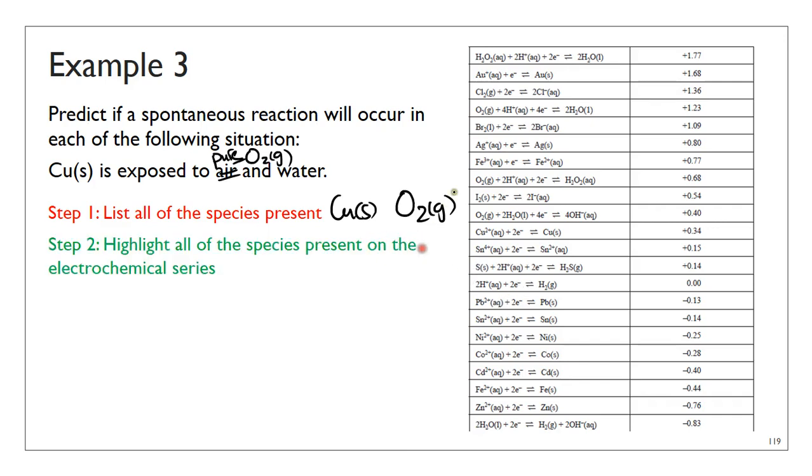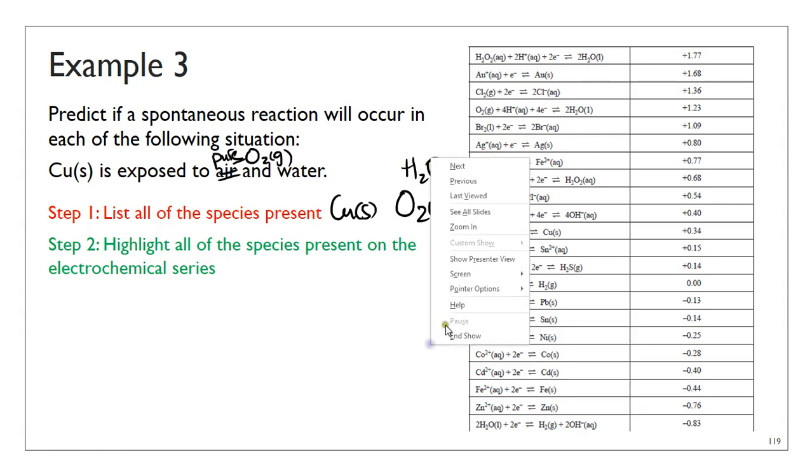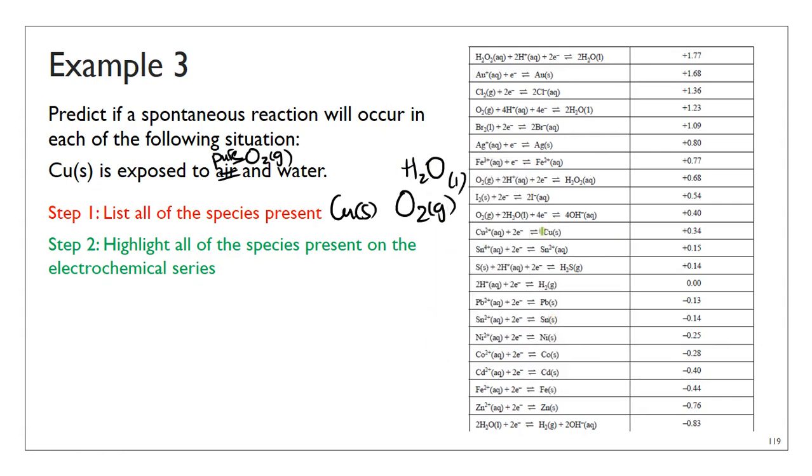All right, let's just put the H2O up here so we can see the instructions. So step two is to highlight all the species present on the electrochemical series. So copper is here. There are multiple H2O, 1, 2, 3, and oxygen. Now this one is actually very interesting. You can highlight this one, because there is oxygen and water present.